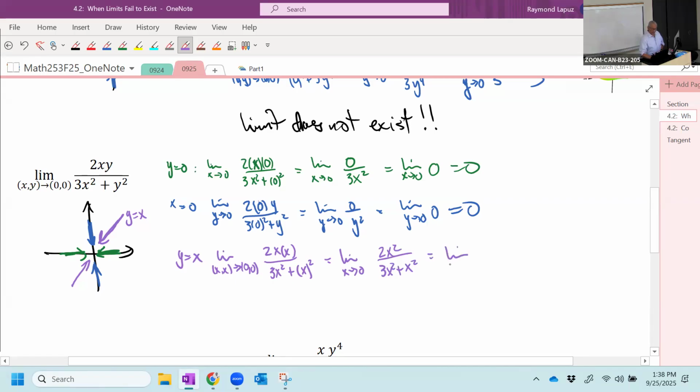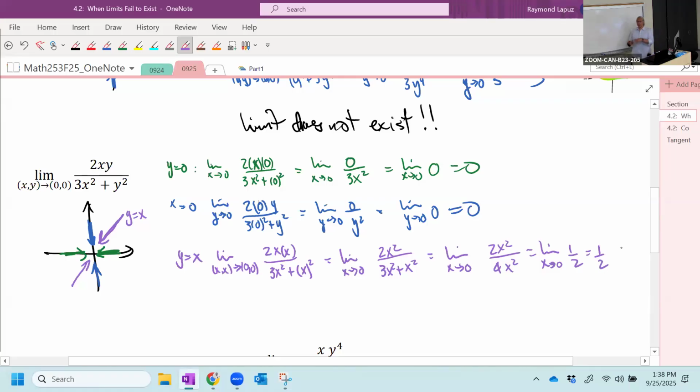All right. Again, things are happening before we even take the limit, before we put x is equal to 0. We're going to have 2x squared over 4x squared. And so that is going to give us a 1/2, right? 2/4.